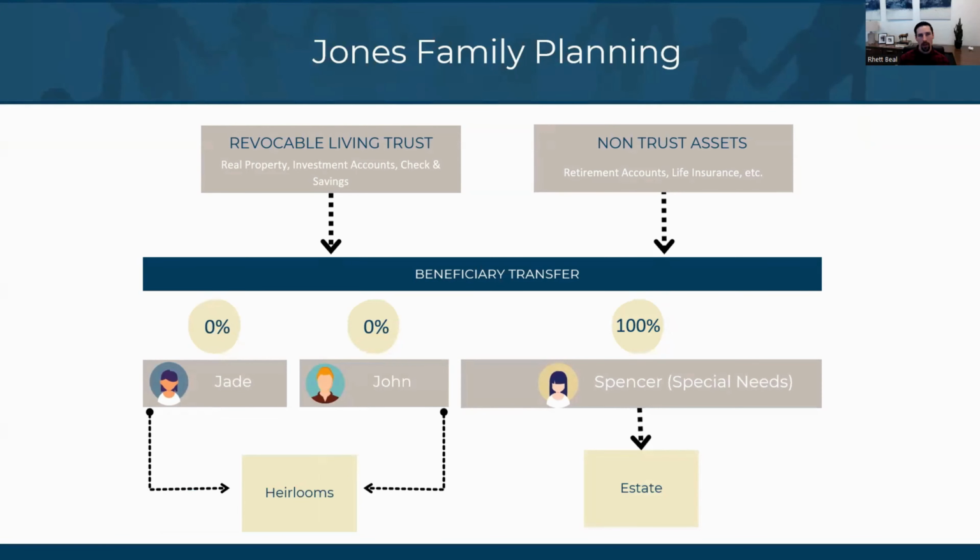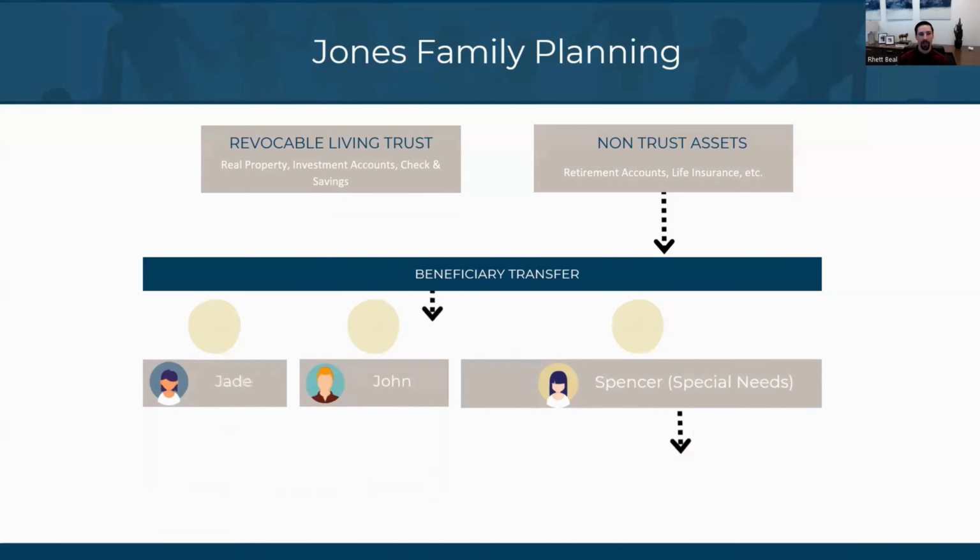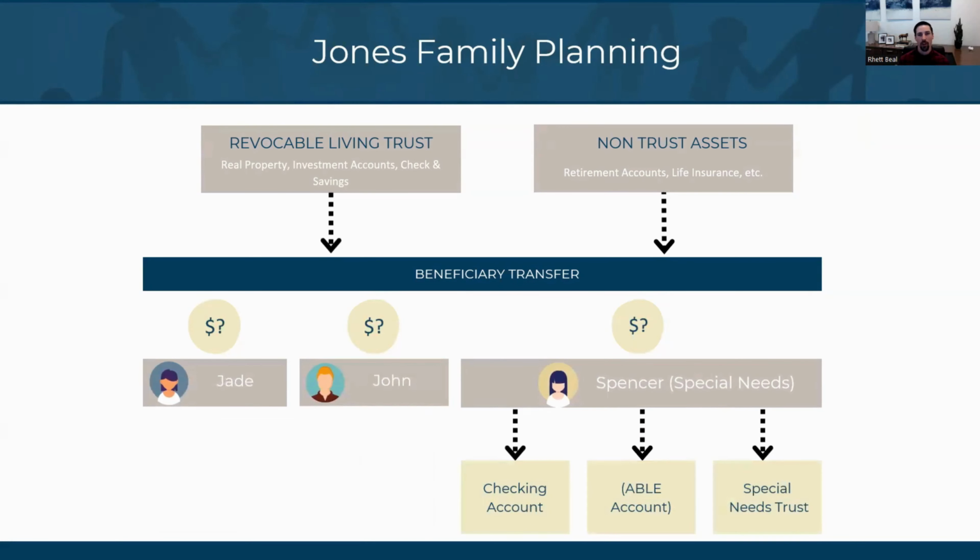Or you may want to consider giving 100% of the estate to Spencer, and Jade and John get the heirlooms. That is one consideration. But the key is, regardless of how you split the assets, equally or not, it really depends on your personal situation.